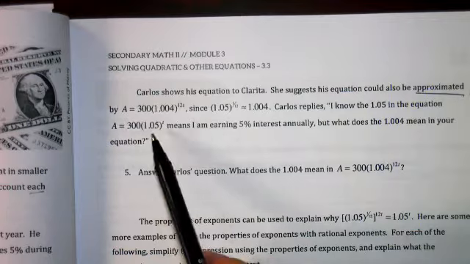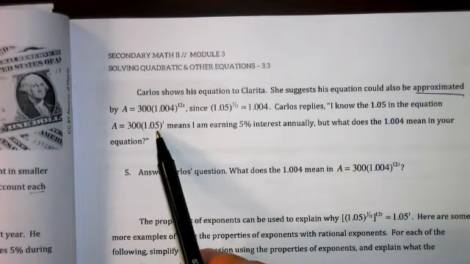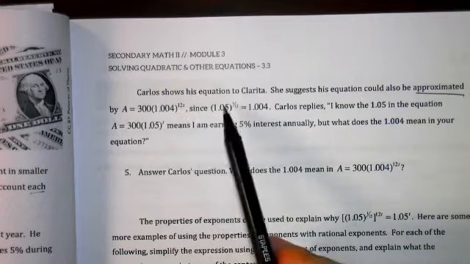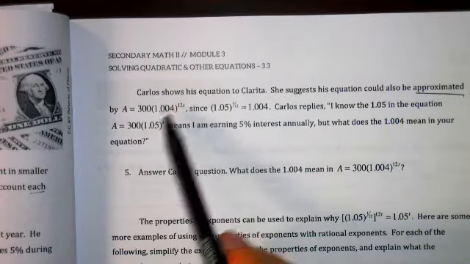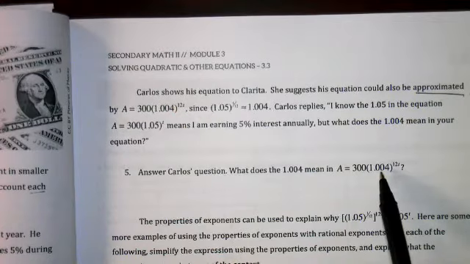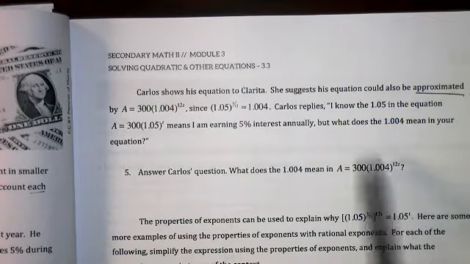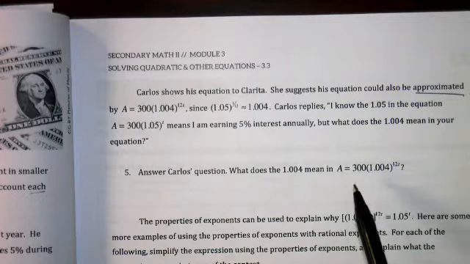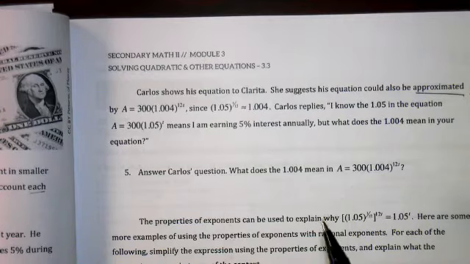Well, if this meant that they were earning 5% interest every year, and when we took 1/12 of that multiplicatively, in an exponent, we've got this. That means that the money is earning 0.4%, not 5%, but 0.4% interest every month.